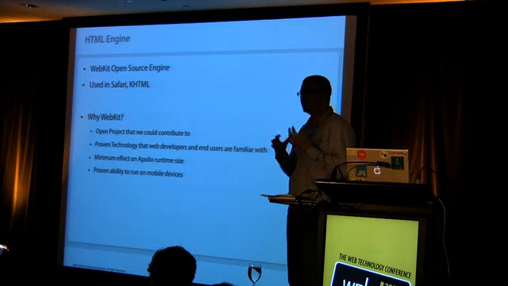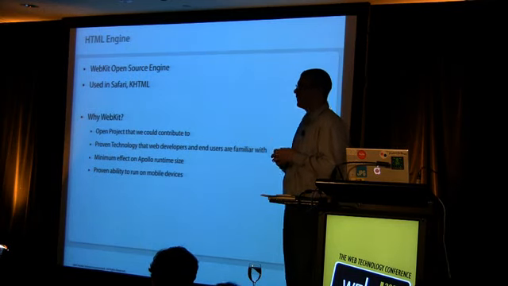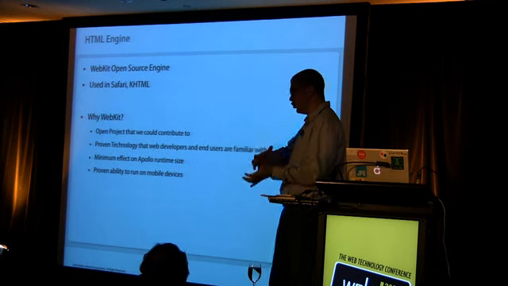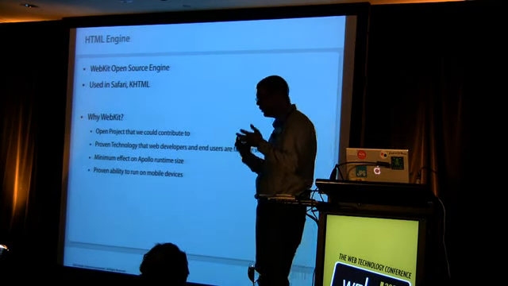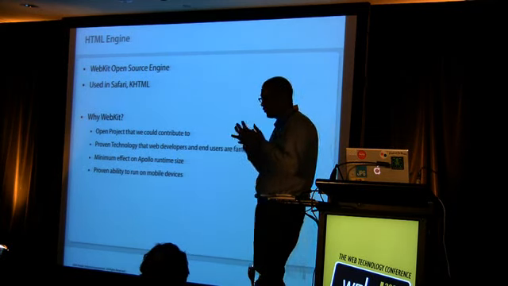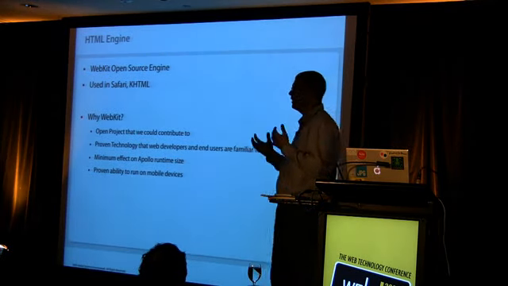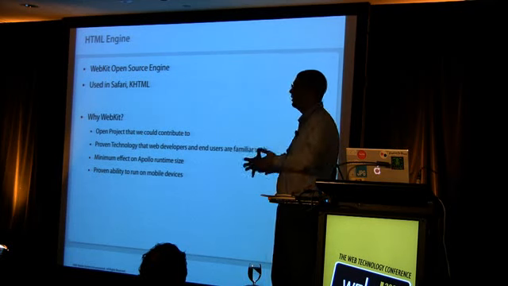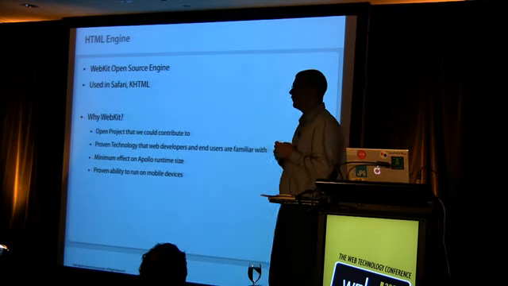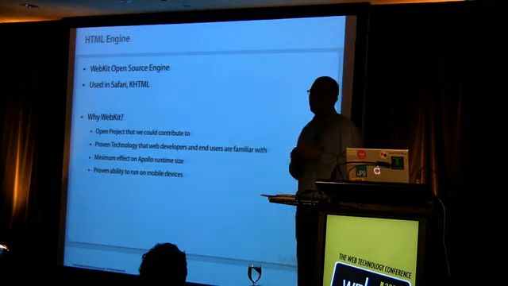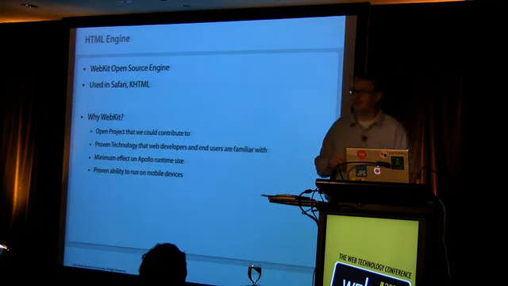We also wanted a technology that developers were familiar with. We didn't want to create a new rendering engine that has its own little quirks and bugs. If you've done complex HTML development, DHTML development, you know what I'm talking about. It works in one browser, and as soon as you go to test in the next browser, it doesn't work. And then you go test in another browser. So we didn't want to add another testing matrix to that.